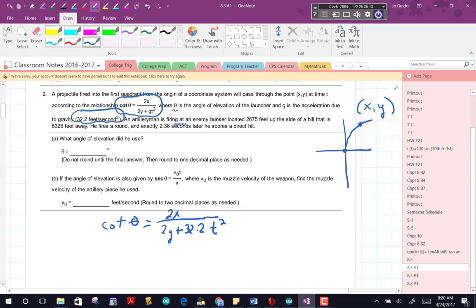An artilleryman is firing at an enemy bunker located 2,675 feet up the side of a hill that is 6,325 feet away. So when they're giving you these two numbers, how do those numbers fit into our equation and our picture? What do those two numbers represent? Kat?